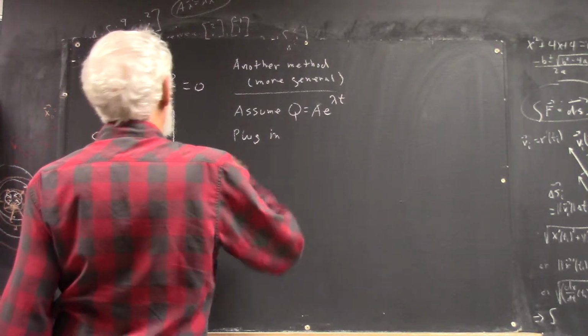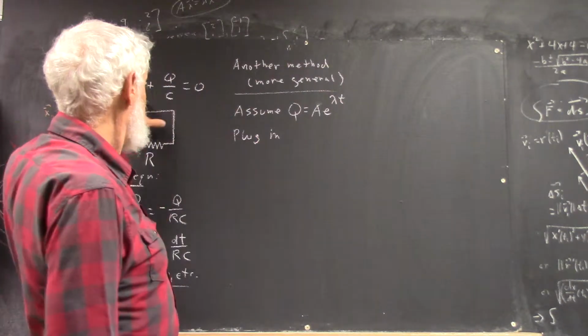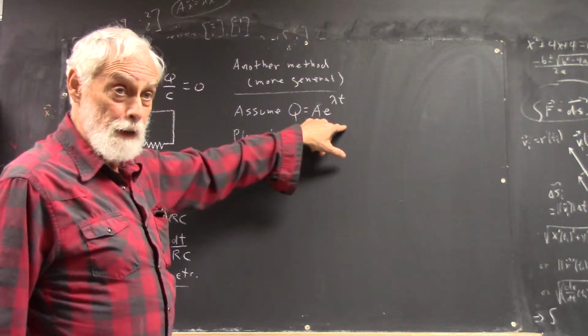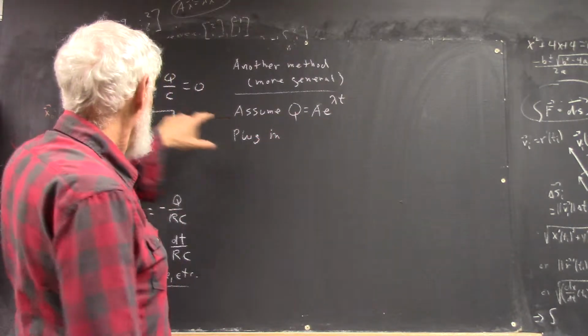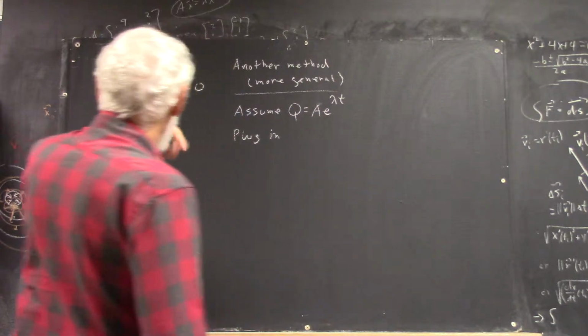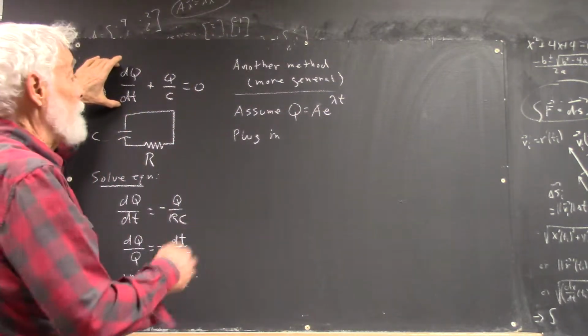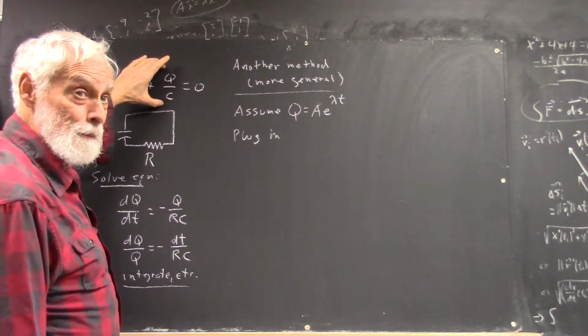Plug in, and I'm going to let you do that step, but what's dQ/dt? It's λAe^(λt), right? And of course, Q is Ae^(λt). So dQ/dt is going to have a λAe^(λt), and this is just going to have an Ae^(λt).